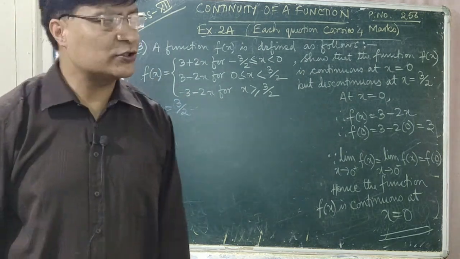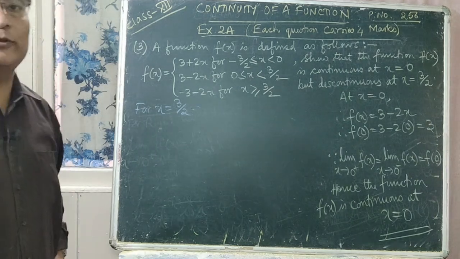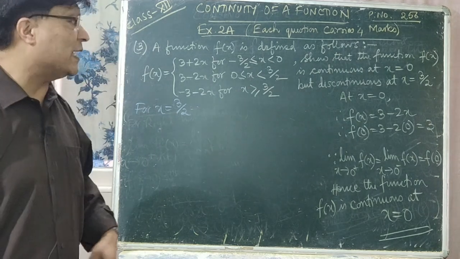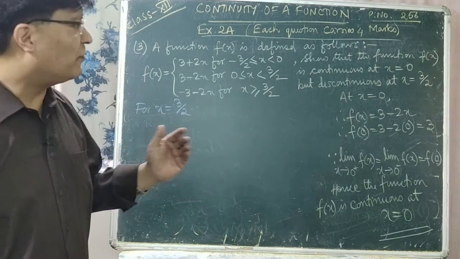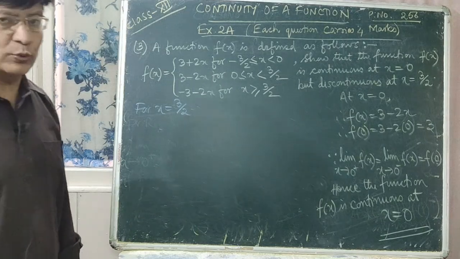Let us check whether the function f of x is discontinuous or continuous at x is equal to 3 by 2. But in this case, you have to prove that the function f of x is discontinuous at x is equal to 3 by 2, right?